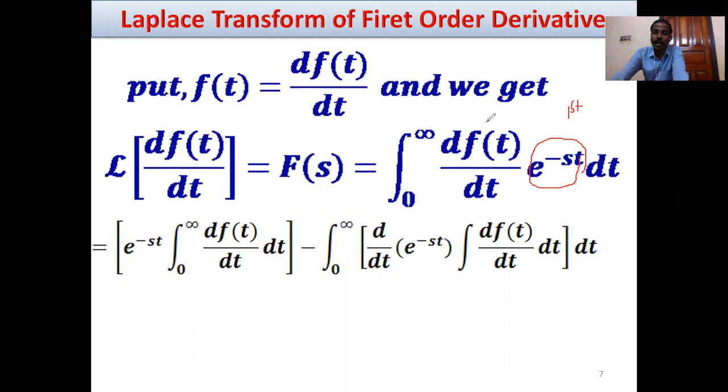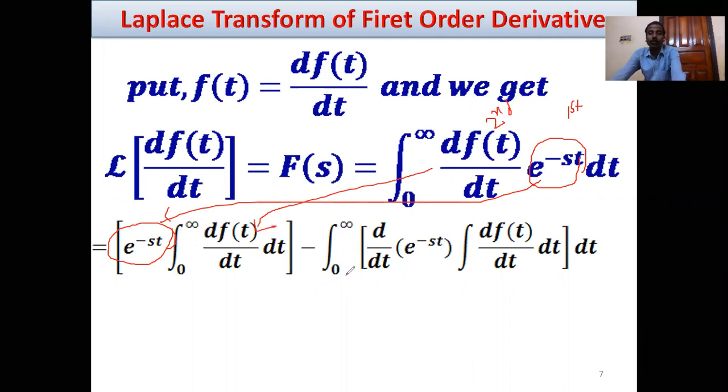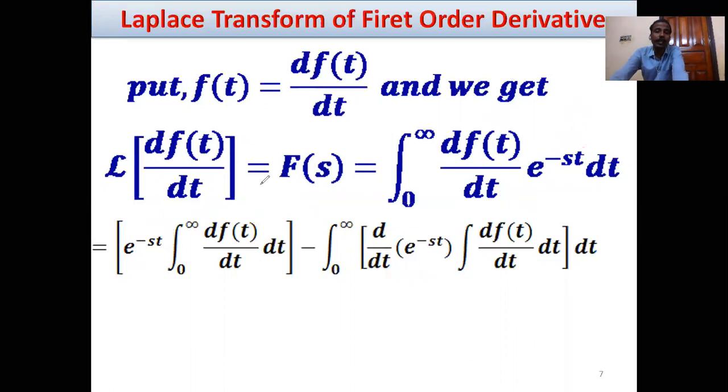The first function is e to the power minus st, and the second function is df(t)/dt. Using the UV method, integration by parts: the first function times the integration of the second function from 0 to infinity, minus the integral from 0 to infinity of the differentiation of the first function, d/dt of e to the power minus st, times the integration of df(t)/dt dt, whole times dt. So this is the integration form.